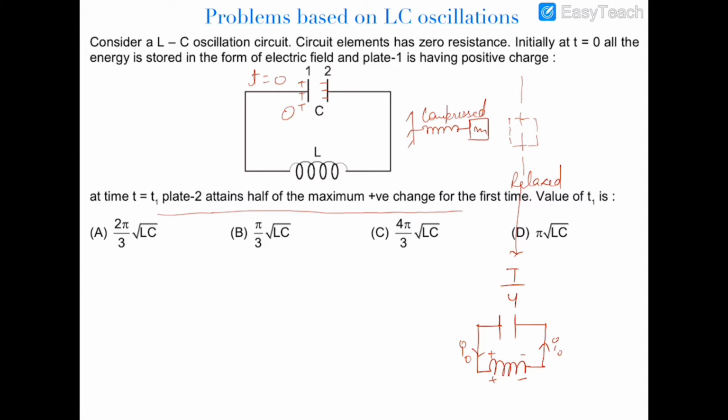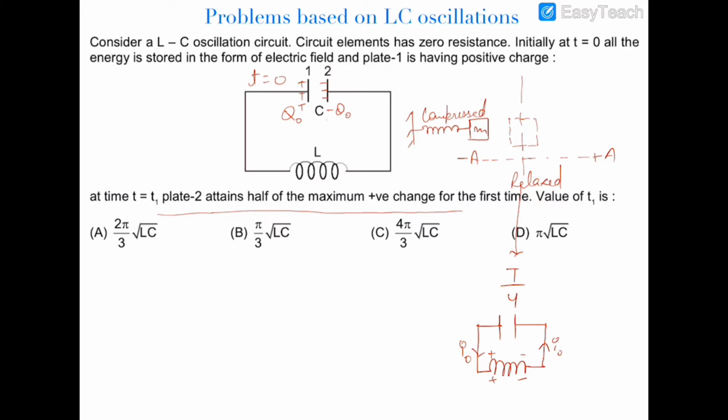So if the maximum positive charge is Q0, and the charge on plate 2 initially is minus Q0, we have to find the time in which plate 2 attains half of the maximum positive charge. In the spring-block system, this means we have to calculate the time in which the block, let's suppose this is minus A, the amplitude, and this is plus A, the positive amplitude.